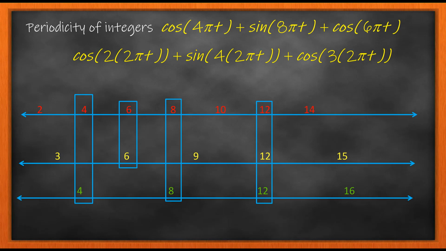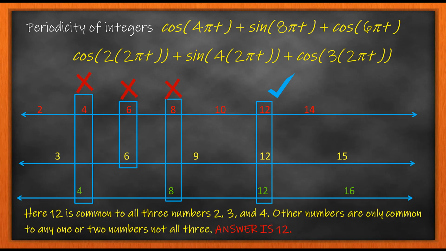But look more carefully. 4 is common only on the 2 scale and 4 scale. 6 is common only on the 2 and 3 scales. 8 is common on the 2 and 4 scales. And 12 is common on all 3 scales. So the answer in this case would be 12. Not the first one, but 12. So 12 is common to all 3 numbers 2, 3 and 4.